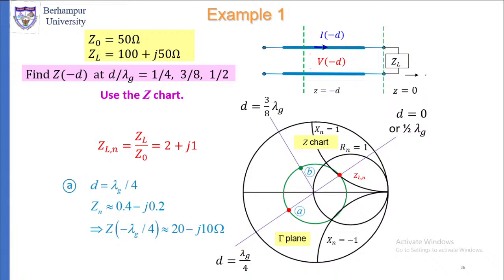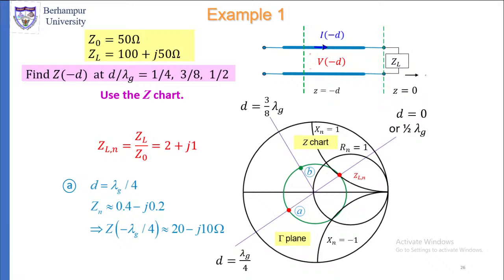Now, as we have discussed earlier, the Smith chart represents normalized impedances. Normalized impedance means find out the impedance, and then divide it by the characteristic impedance of the transmission line or the waveguiding structure.